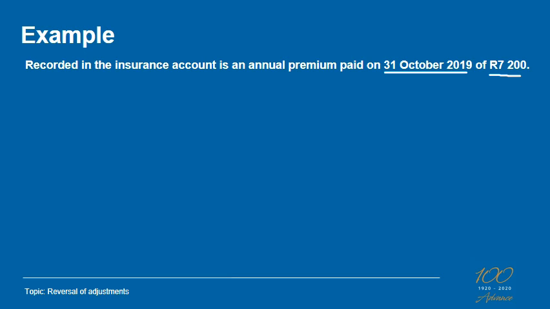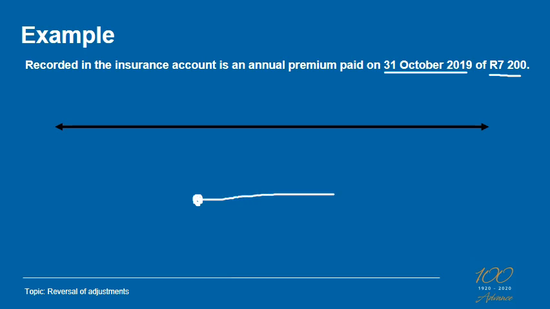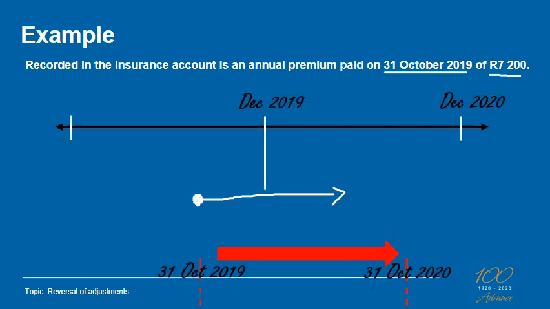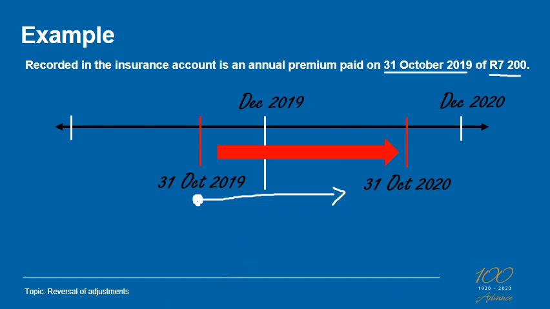On our timeline, at the end of the financial year, which in this case was the 31st of December 2019, if we've made our payment on the 31st of October 2019, that means we've paid an annual premium for the next 12 months, stretching to 31st of October 2020. This means that 2 of these months of the premium belong to this current financial year, while 10 months is already prepaid for the next financial year.